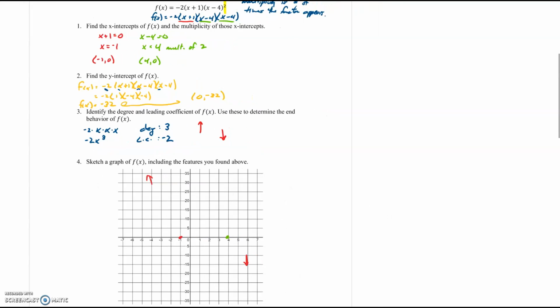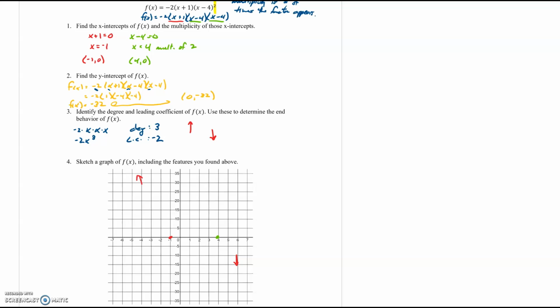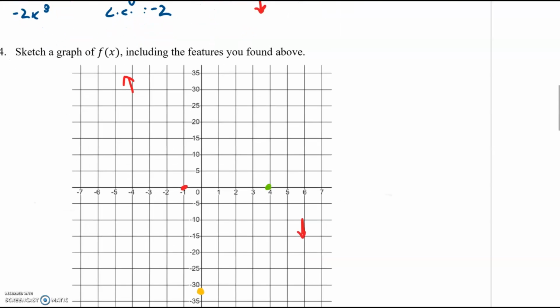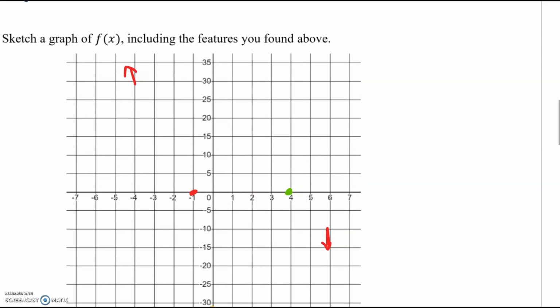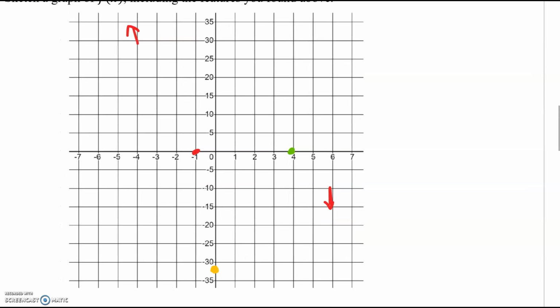One more thing we have is our y-intercept of negative 32 down here. So here are all the important points. Now it's just a matter of connecting the dots. To sketch this function, I know that this 0 of negative 1 had an odd multiplicity, so it goes straight through.